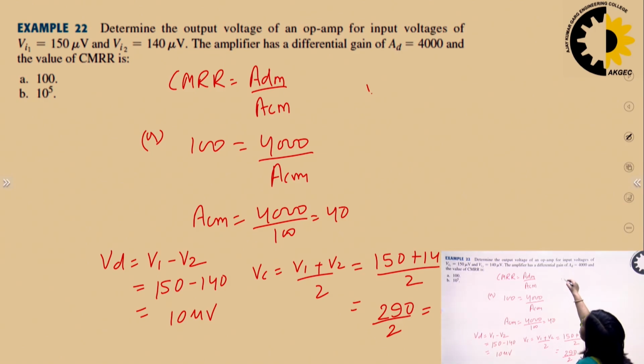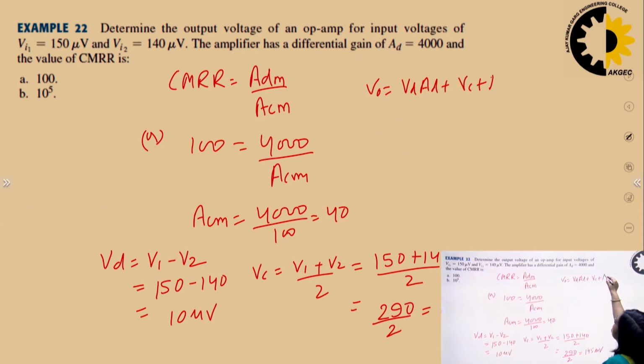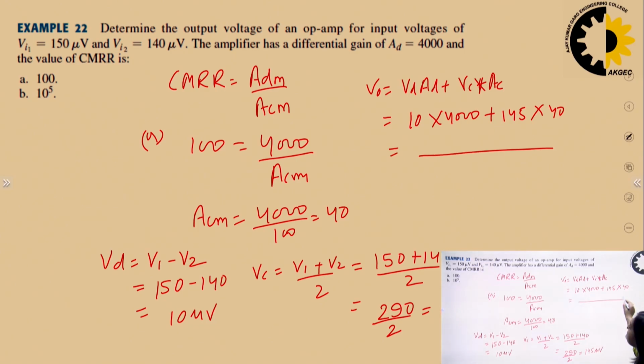Now we can find the output voltage, which is VD multiplied by AD plus VC multiplied by AC. VD is 10 microvolt, AD is 4000, VC is 145 and AC is 40. Now we can solve this and the answer will be in microvolt.